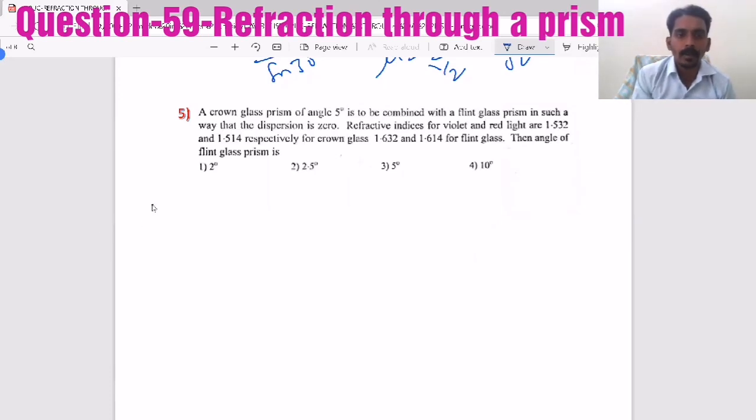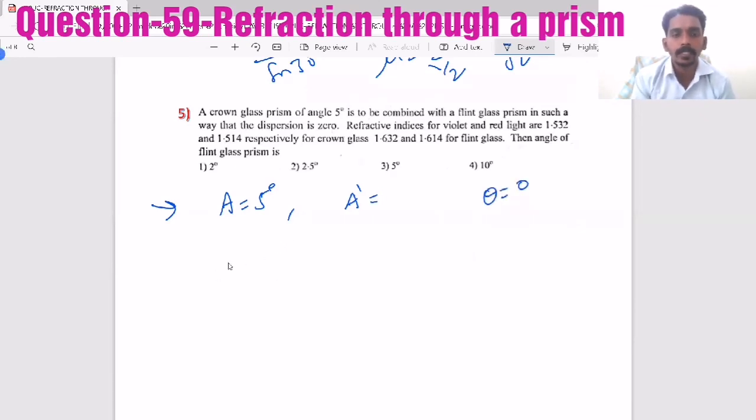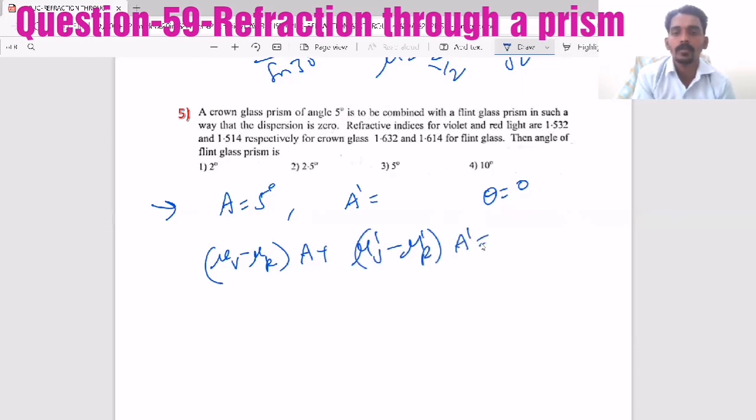A crown glass prism of angle 5 degrees, that means A is 5 degrees, is to be combined with a flint glass prism, another one A dash, in such a way that dispersion is 0. So dispersion is 0 means (mu V minus mu R) into A plus (mu V dash minus mu R dash) into A dash should be equal to 0.